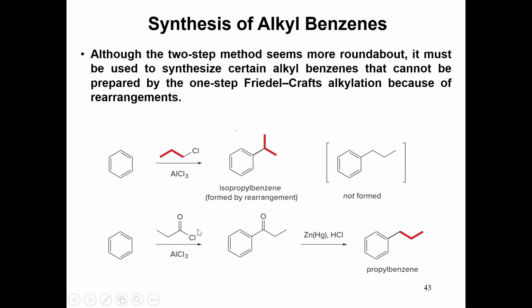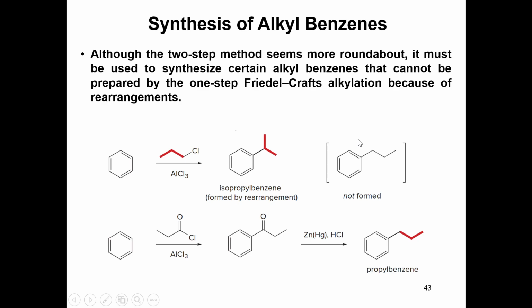All right, now let's take a look at some synthetic skills or synthetic tricks for organic molecule synthesis. For example, if we want to make this molecule, this is our target molecule: a benzene ring attached to a propyl, three-carbon alkyl chain.